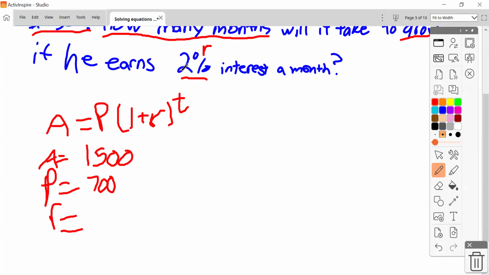And then R is still a percentage, so we still have to move that decimal two spots to the left. It's going to be 0.02. A lot of people are still messing that up. 0.02. All right.